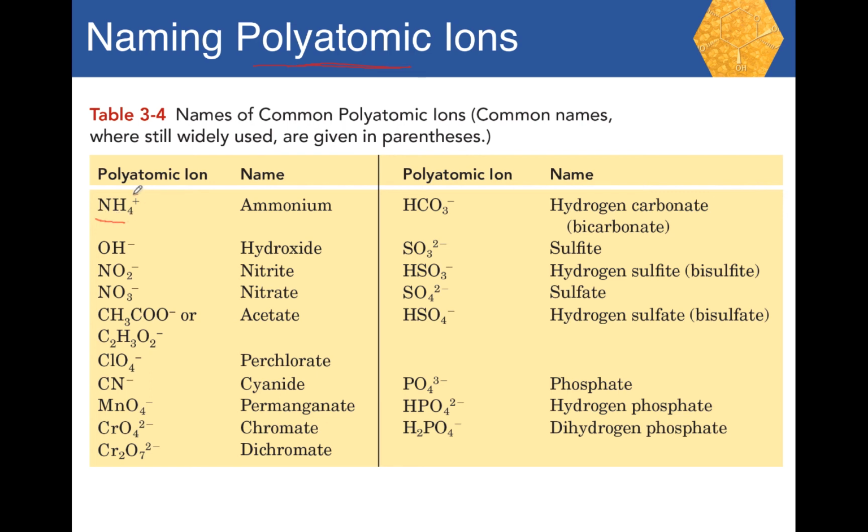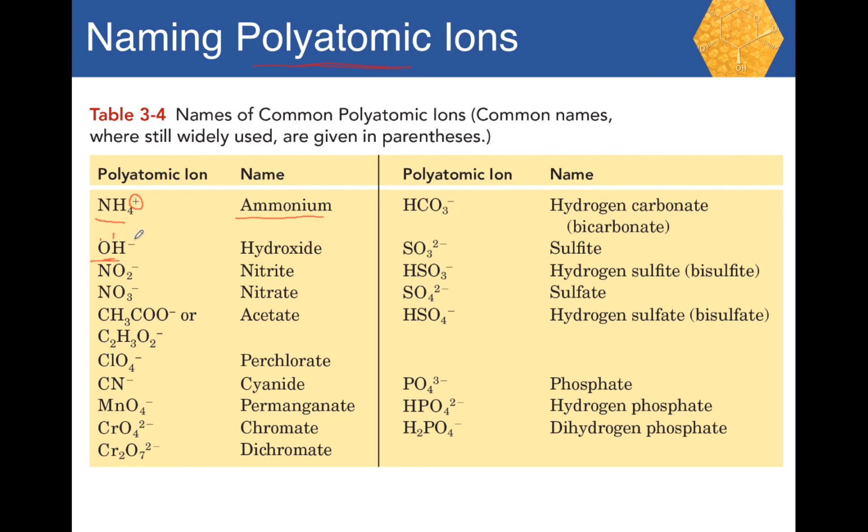NH4 has a positive charge, one positive, and it's known as the ammonium ion. We know this one. The OH, two atoms here, two elements, oxygen and hydrogen, pulled together, they form a polyatomic ion.